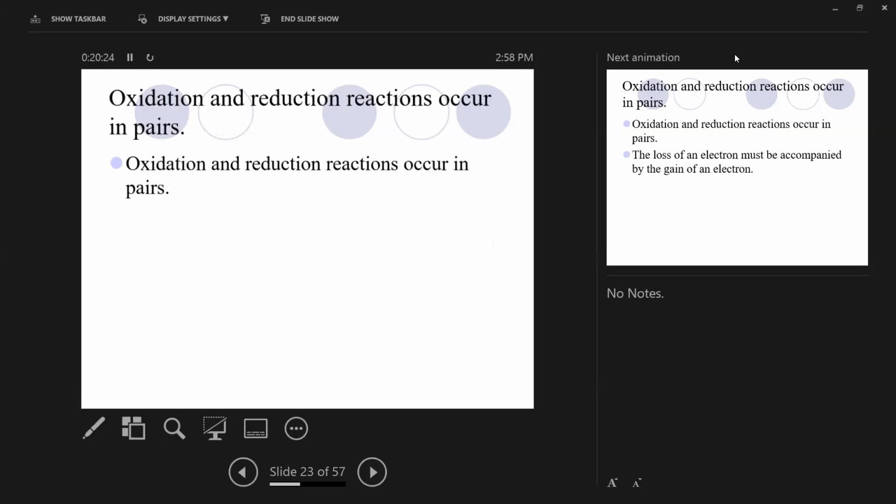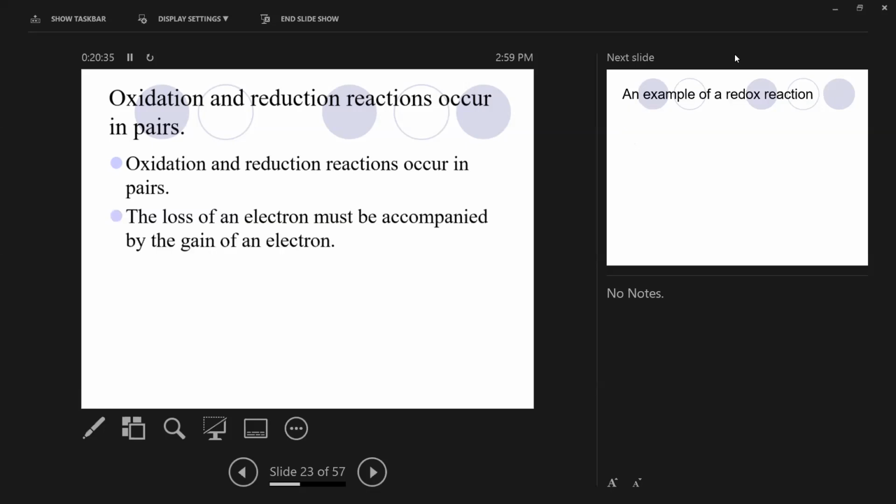Somebody's going to be the loser of electrons. Somebody's going to be the gainer of an electron, or pair of electrons for that matter. You got to have a loss and you got to have a gain. Identifying who's losing, who's gaining is a very key part of working out these reactions.